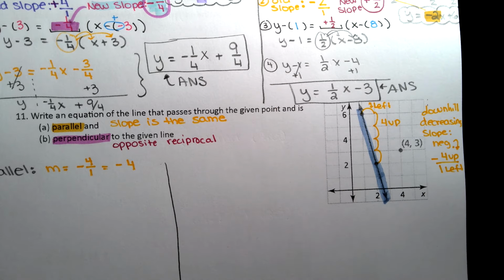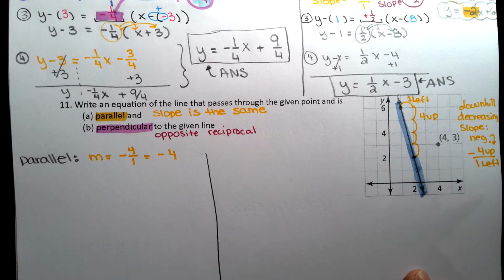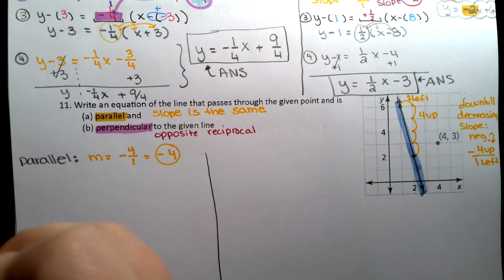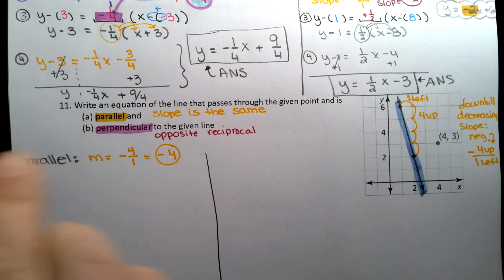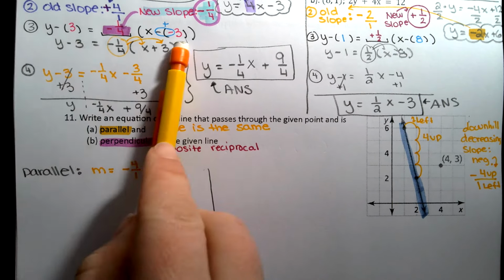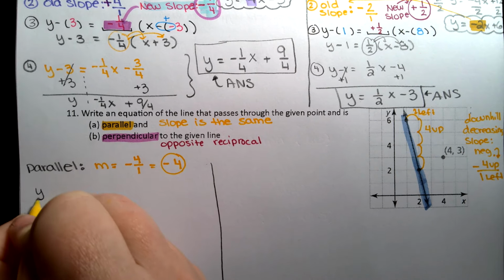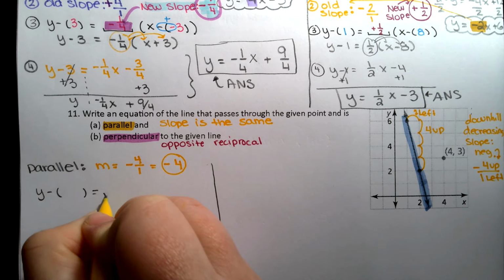Always choose the number that you're going up with. So for your parallel, we want the same slope. This is what we're going to keep. And then we are immediately in step number 3 category here, where we've identified the slope. Parallel means the same slope, and we're already writing in our point slope form.